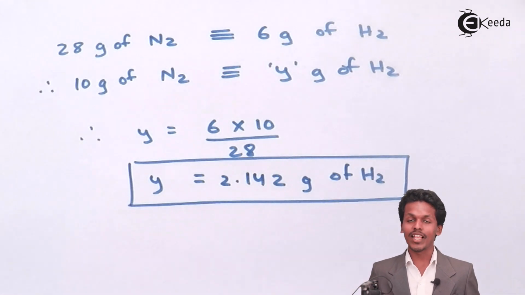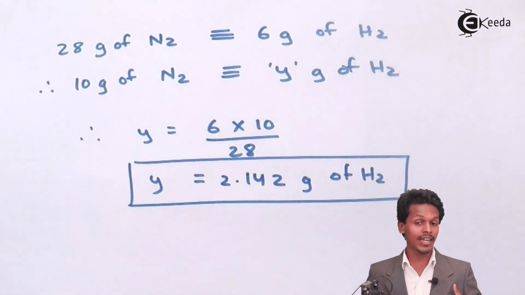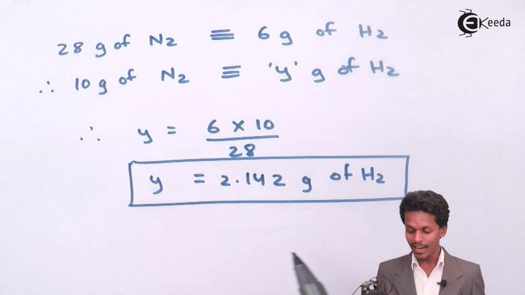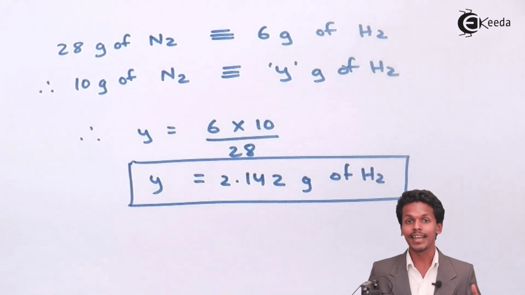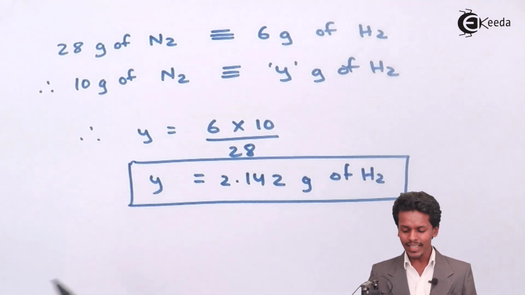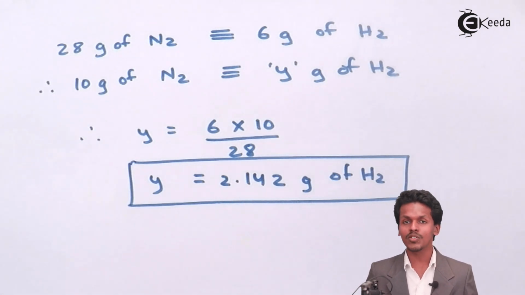This much gram of H2 will be reacted and it will consume the 10 gram of nitrogen. So therefore this much gram of hydrogen is being required to react with 10 gram of nitrogen. Among the 10 gram of hydrogen that they have provided to us, only 2.142 gram of hydrogen is being reacted.